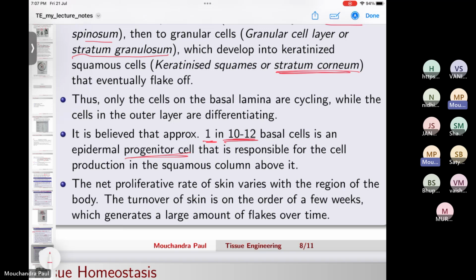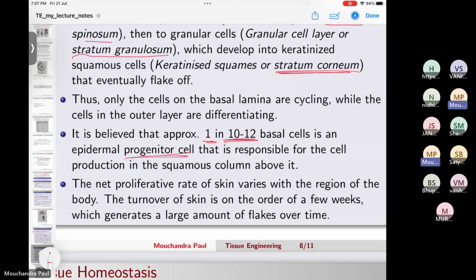And because of this cell, we are able to get a large number of cells that are present in the top layers of the epidermis. Now the net proliferative rate of the skin varies with the region of the body. Okay, meaning say the palm or the sole of your feet will have a different proliferative rate in comparison to your face or the lips, right?